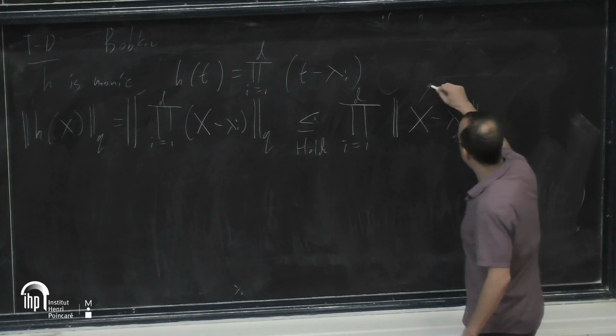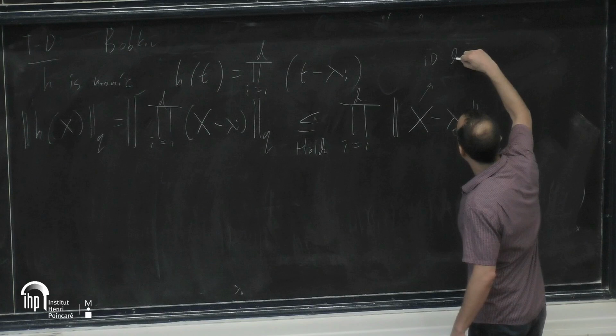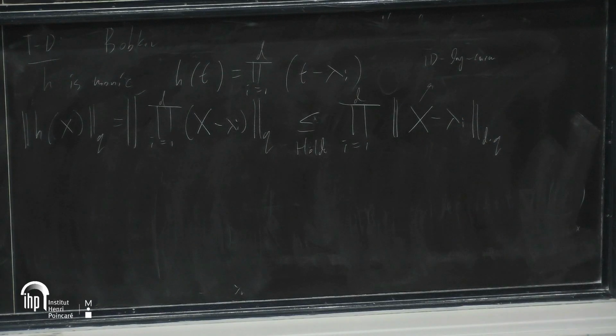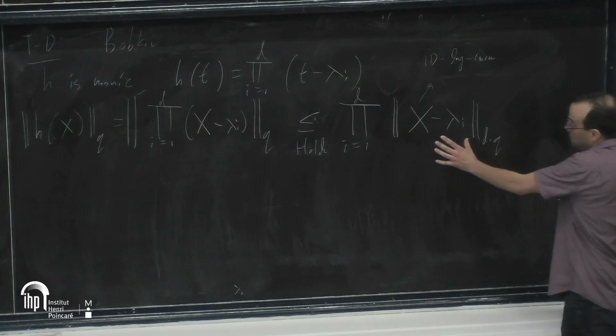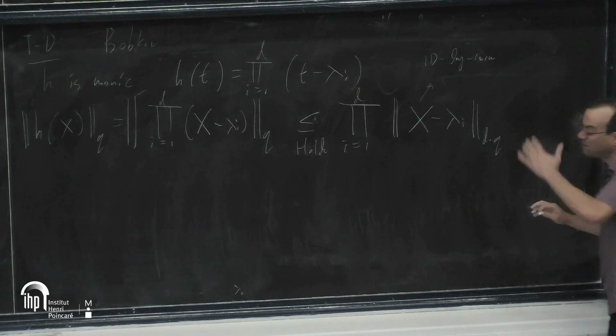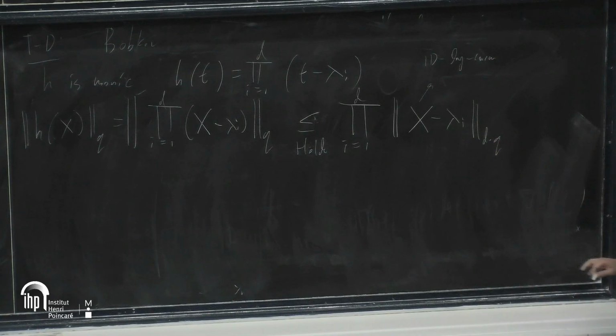Now this is log concave, one-dimensional log concave. And we know that one-dimensional log concave random variables satisfy reverse Hölder inequalities, right? Just the linear function itself satisfies reverse Hölder inequality. And here we have x minus some complex number, and this is just a constant which does not interfere at all.